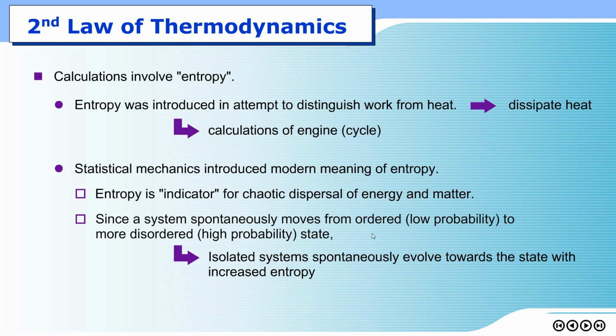This sentence said that spontaneous change occurs from order state to disorder state, and this sentence said disorder state should have higher entropy. So when you combine these two sentences together, you get this sentence: the system changes spontaneously to the state where the entropy would be increased, until the system reaches equilibrium. Once it reaches thermodynamic equilibrium, there will be no longer change in the system.